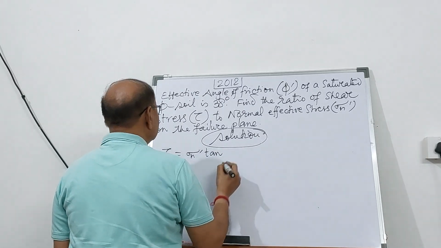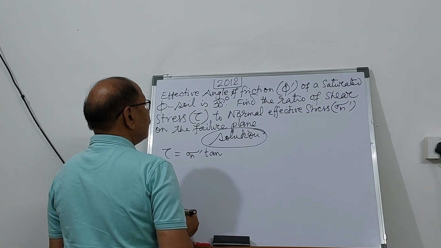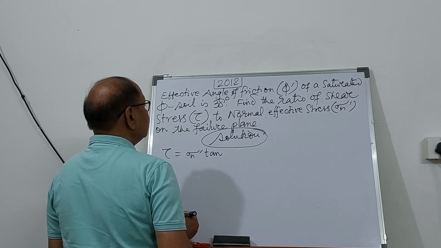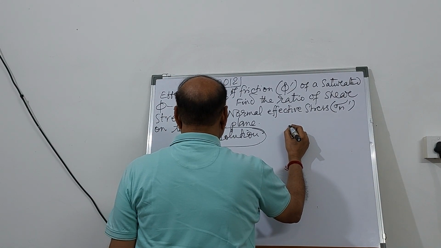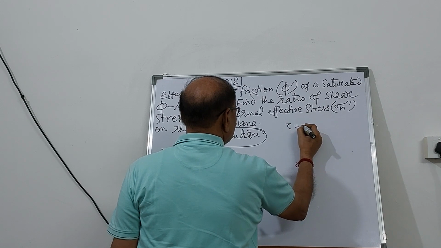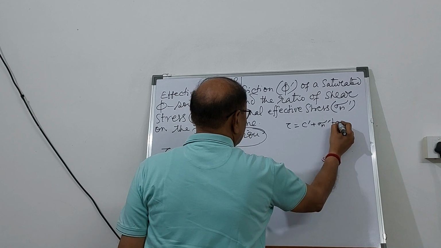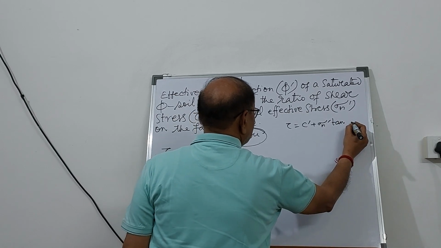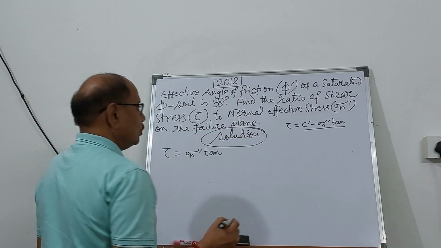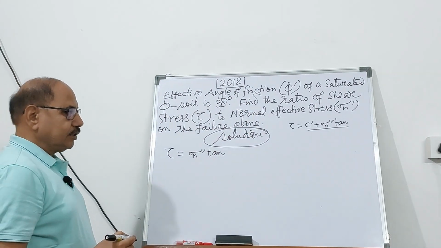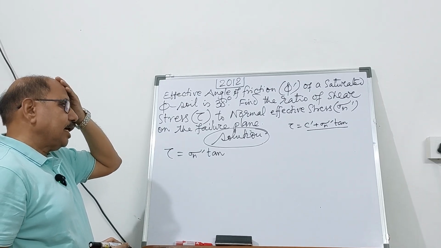You know Mohr-Coulomb's equation. So from Mohr-Coulomb's equation, you already know that tau equal to C prime plus sigma n prime tan phi prime. That equation is already known to everyone. What is that?